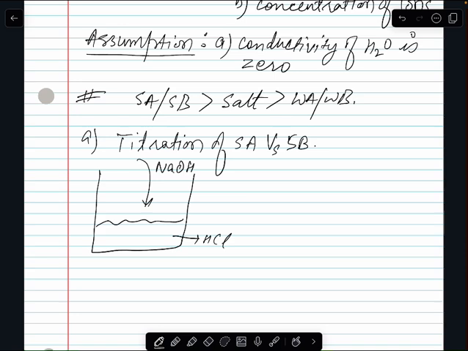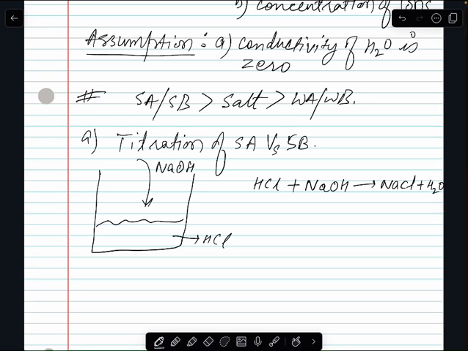So what will happen now? Suppose HCl was there and we are pouring in NaOH. So as NaOH comes into contact with HCl, it will form NaCl plus H2O.